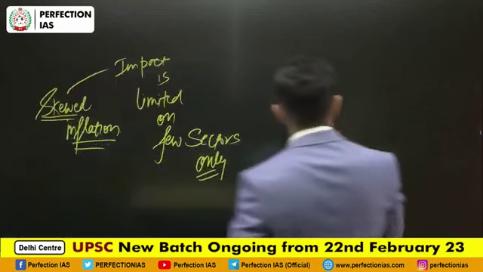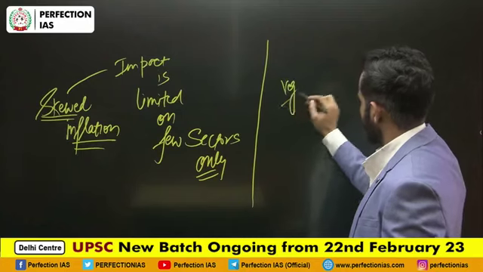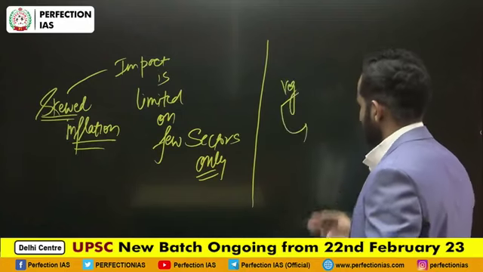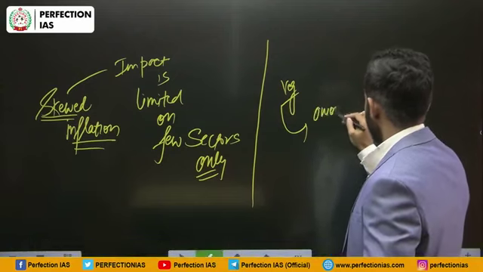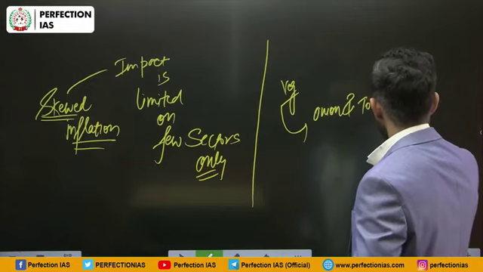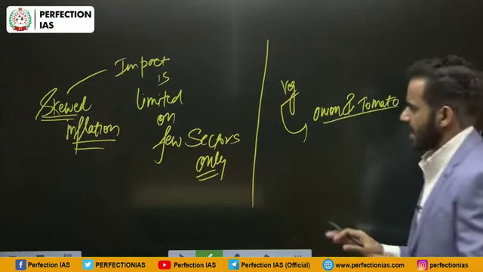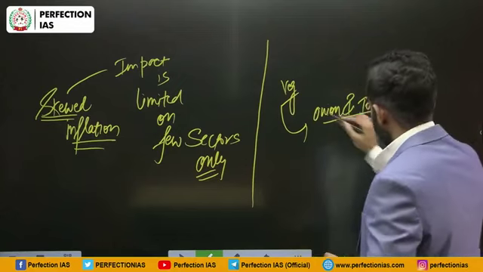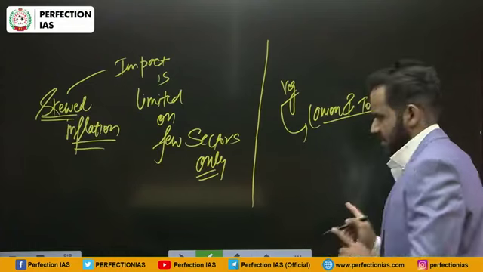For example, let's consider a situation of vegetables. The price of vegetables is more or less the same, but suppose the price of onion and tomato has increased. The rest of the vegetables are still available at more or less the same price, but there is significant inflation in these two vegetables.